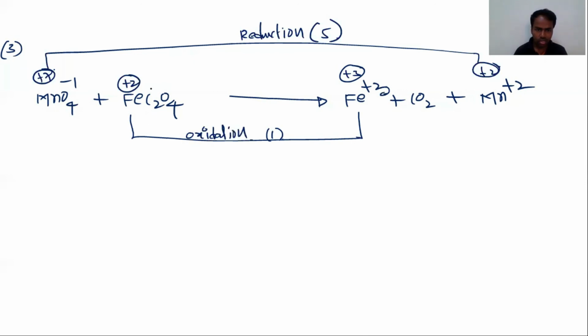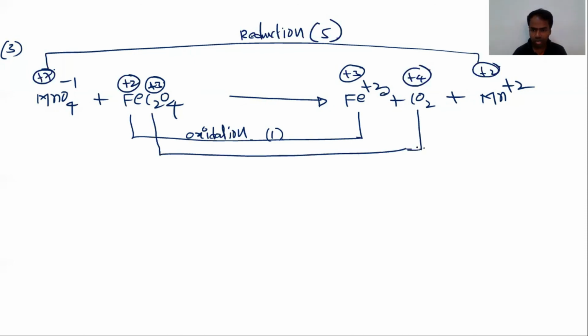Here what is the carbon? In C2O4 2−, carbon is in the +3 state. Here carbon is in the +4 state. So +3 becomes +4. That's why it is also oxidation. But here for one carbon the change is 1, for two carbons the change is 2.